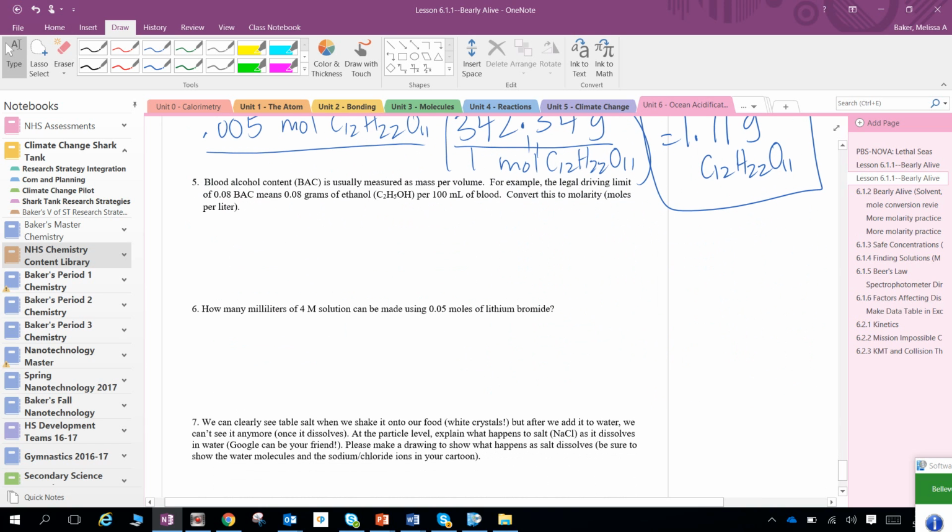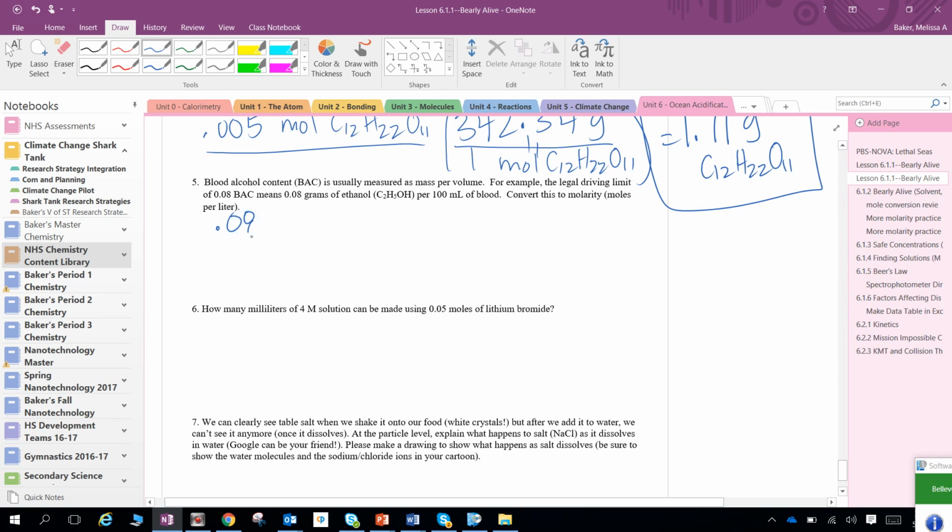You've probably heard of the blood alcohol content legal amount allowed when you're driving, and it's 0.08. That means 0.08 grams of ethanol for every 100 milliliters of blood. So let's figure out what the concentration is.